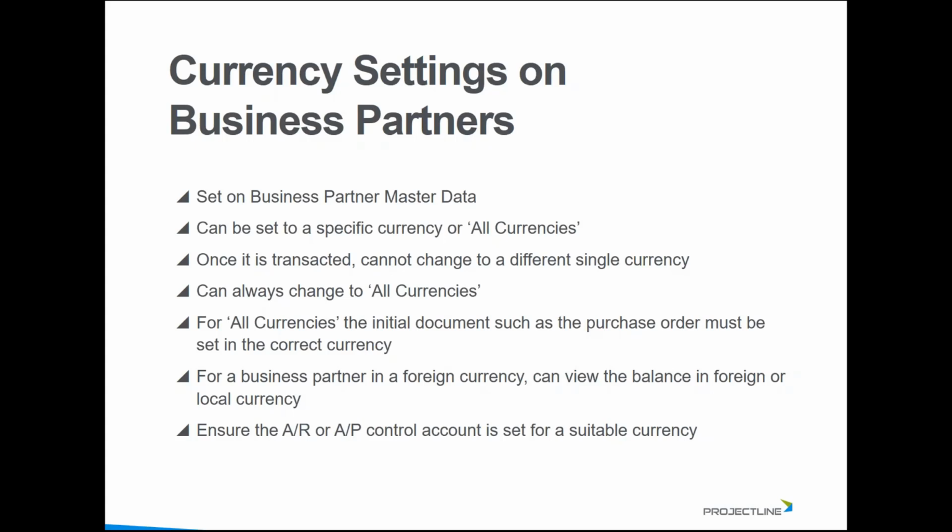So when you're in purchasing with an all currencies vendor, you must select on this purchase order, I intentionally want to transact in which currency. Because the follow-on documents, the goods receipt PO and the AP invoice, will also inherit that same currency.